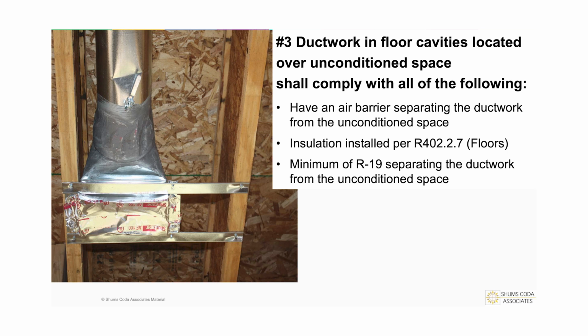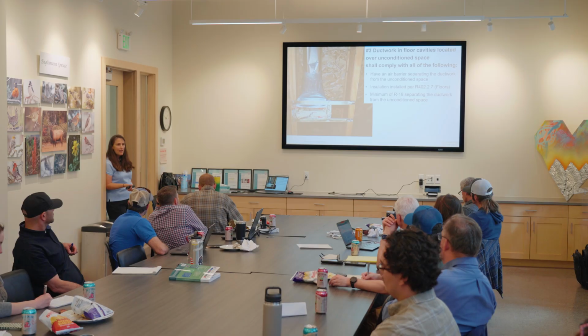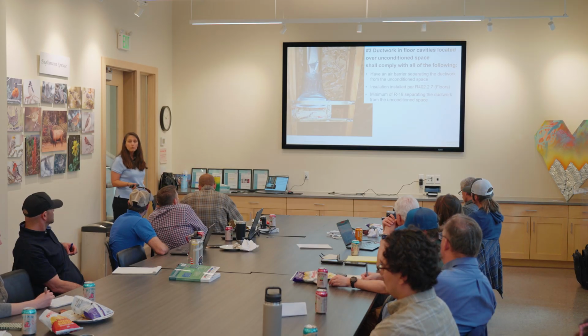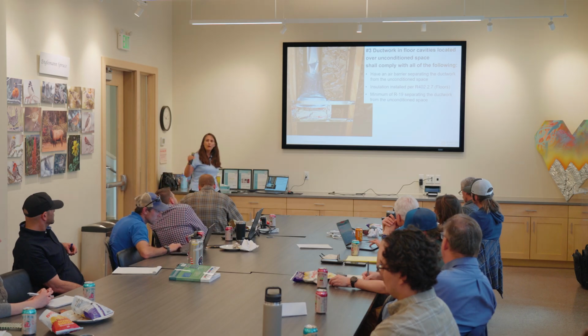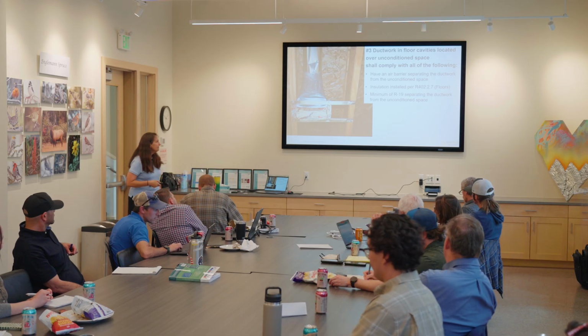So in this instance, if you have insulation in a floor cavity that you're trying to say is inside conditioned space, you're going to have an air barrier that separates that ductwork from the unconditioned space, which in all reality, all the floors have to have anyway out of 402.2 or 402.4.1.1, right? So that's not all that crazy.